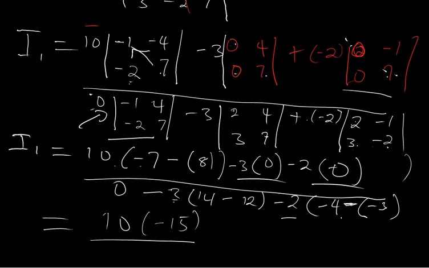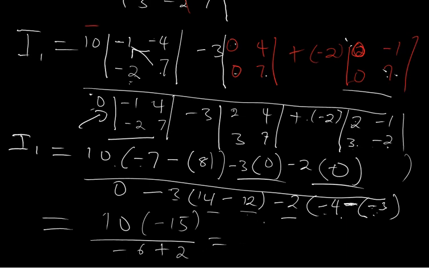Divided into, here I have 14 minus 12, this 2, 2 times minus 2 times minus 6, minus 2 times minus 3, that's going to be minus 6. Let's work on this. This is plus minus 4 plus 3, that's minus 1. Minus 1 multiplied by minus 2, that's going to be plus 2.